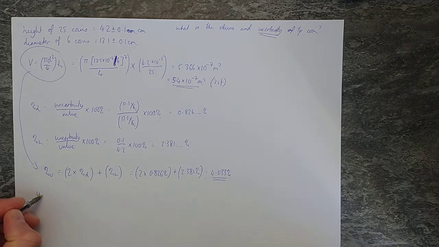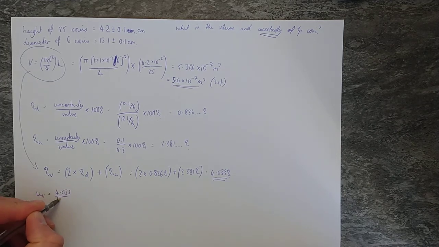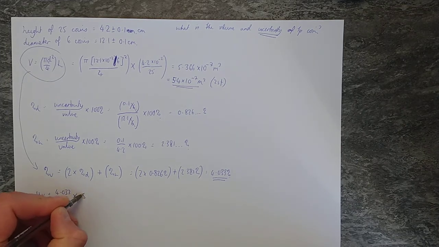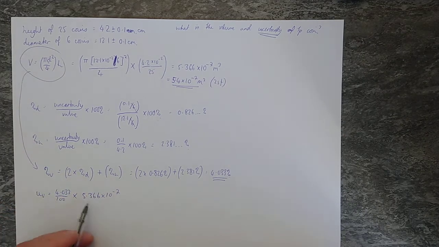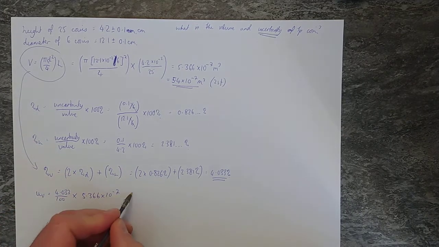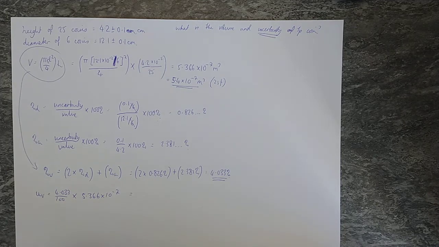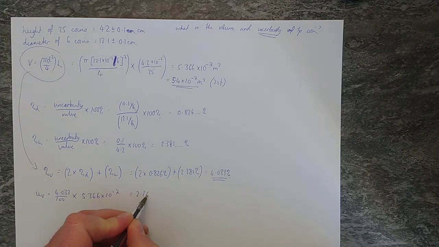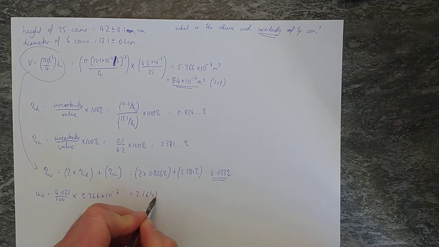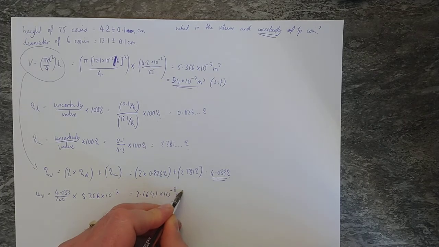So the uncertainty in the volume is equal to 4.033 divided by 100 multiplied by 5.366 multiplied by 10 to the minus 7. I'm using the unrounded value here because this is a calculation, and I work out what that gives me, and that gives me 2.1641 times 10 to the minus 8 meters cubed.